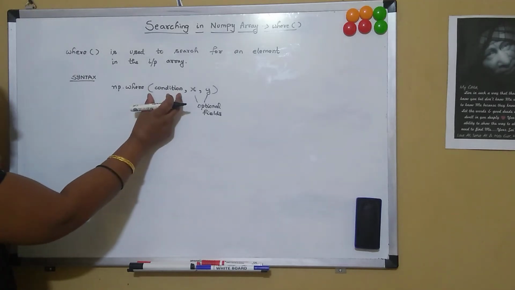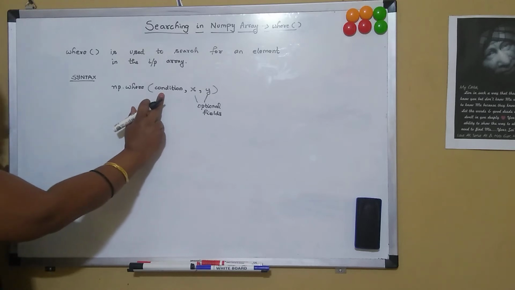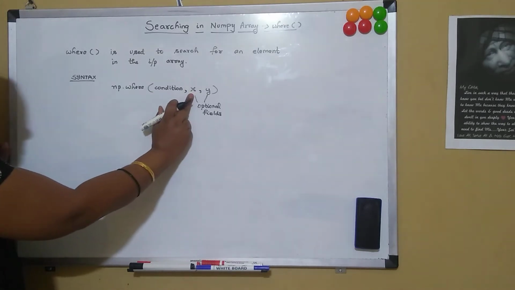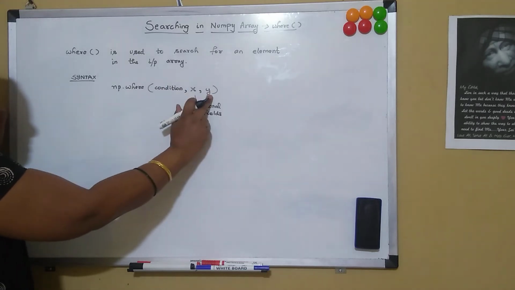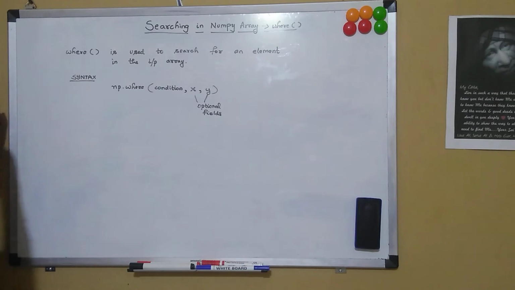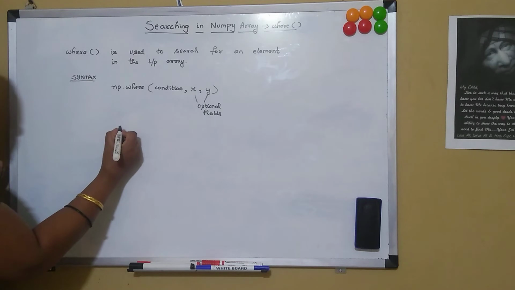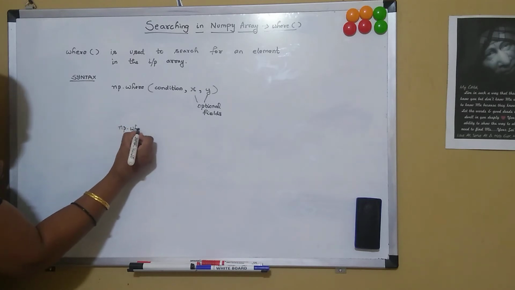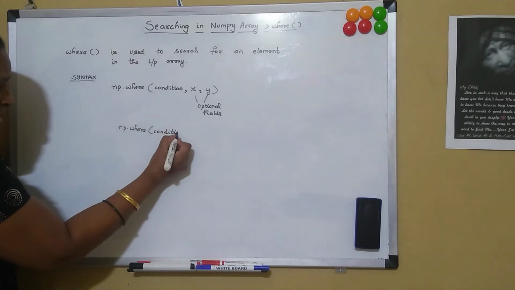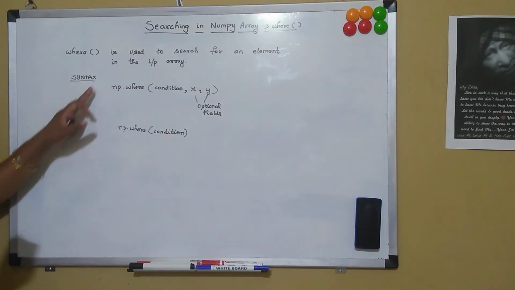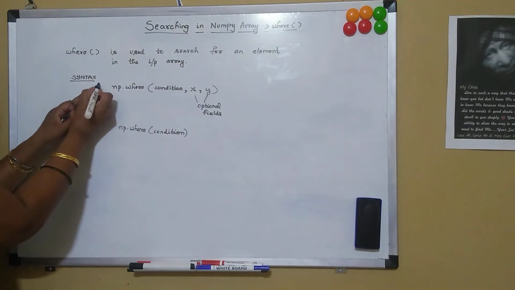When the condition is satisfied, if we give x and y also, it takes the value from the x list, and when the condition is not satisfied, it takes the value from the y list. So this is when we give condition, x and y. Suppose we specify only the condition with np.where. There are two cases. One where we specify condition, x and y.